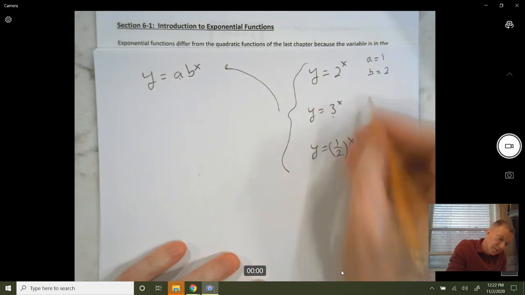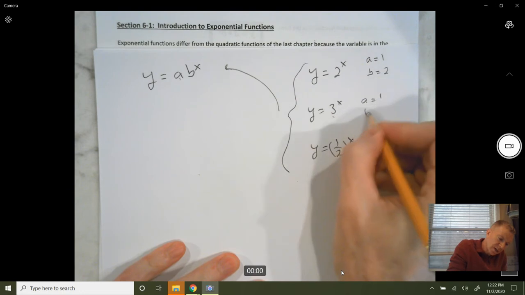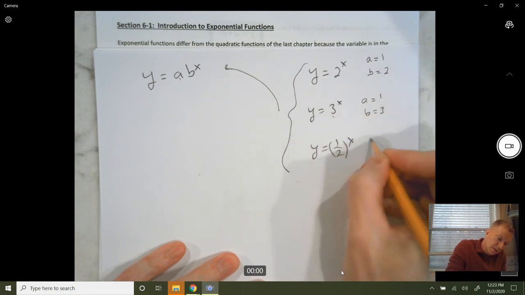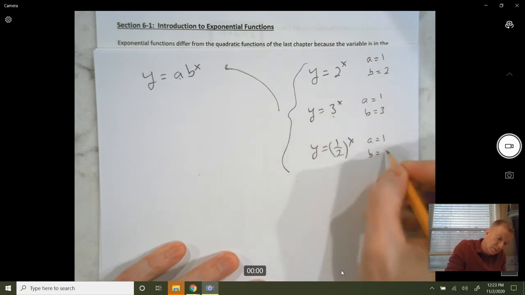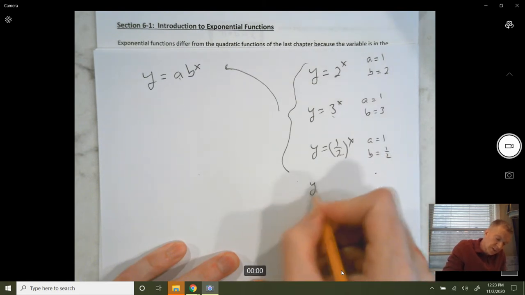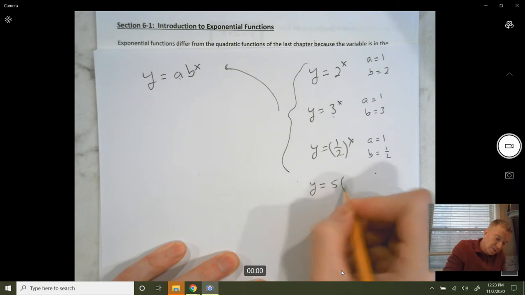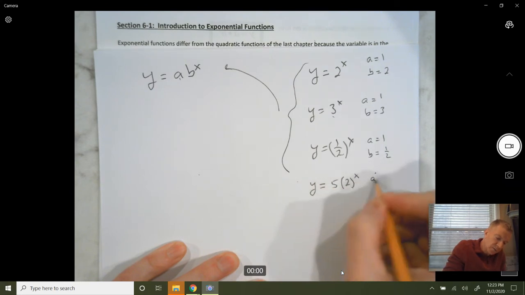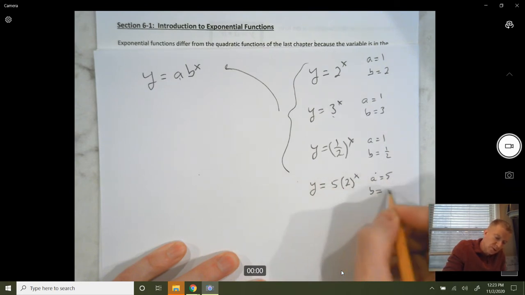For the second, a is 1 and b is 3. Here, a is 1 and b is 1/2. But you could also have something like y equals 5 times 2 to the x, where a would equal 5 and b would equal 2.